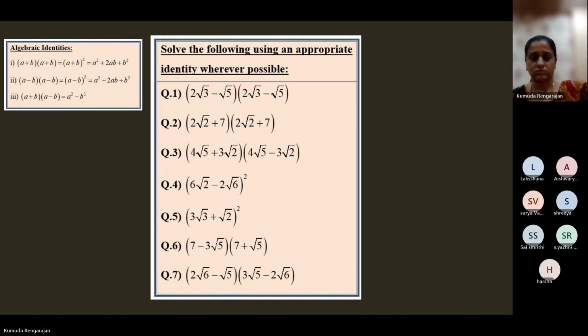Hello, ma'am. Ma'am, I think you have forgotten to write one identity. Yeah, which one? X plus A, X plus B is equal to X square plus A plus B, X plus AB. No, we won't be using that here, so I've not mentioned that.